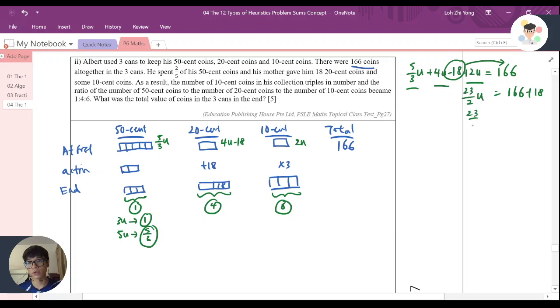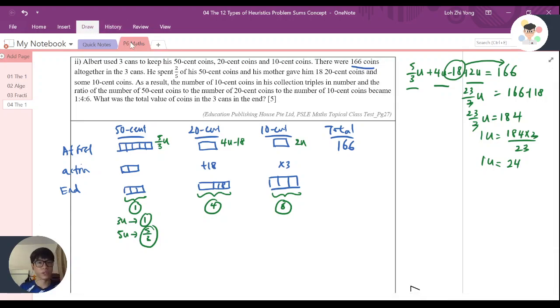And 23 over 3 units is equivalent to 184. So 1 unit will be equivalent to 184 times 3 divided by 23, and that's 24.